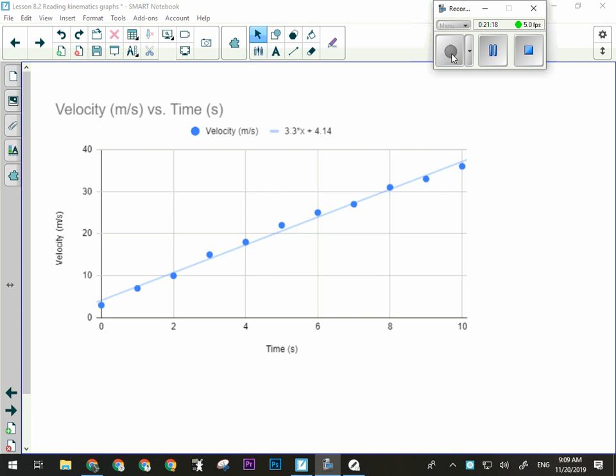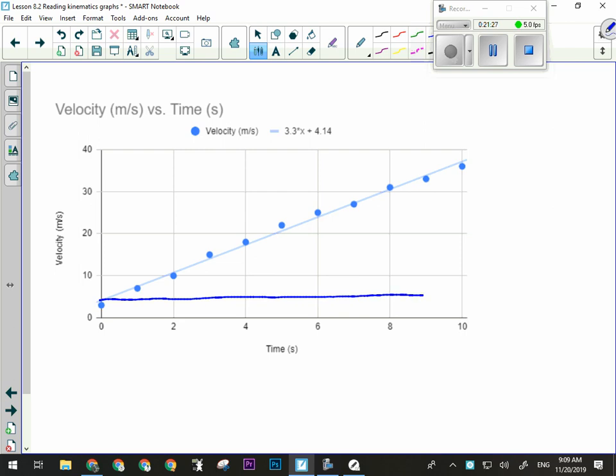Here they are. Because my line starts at 4.14 meters per second, I actually have a rectangle underneath. That rectangle represents how far the object would go if it stayed traveling at 4.14 meters per second. Obviously, it's going to accelerate, but I've got to add on to that how far it will travel while it's changing its velocity.